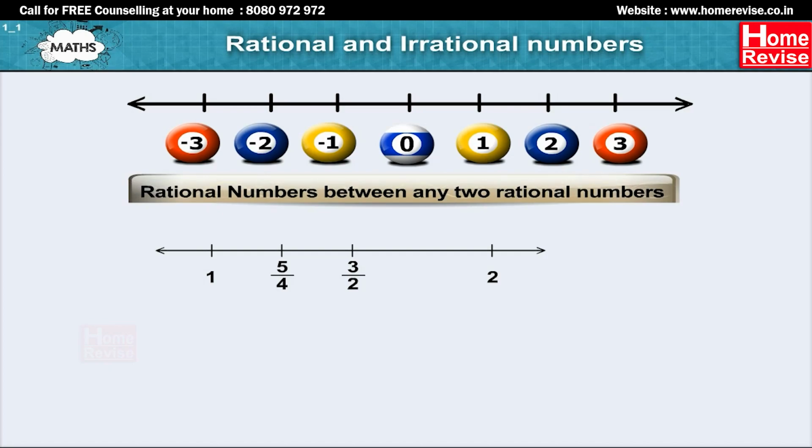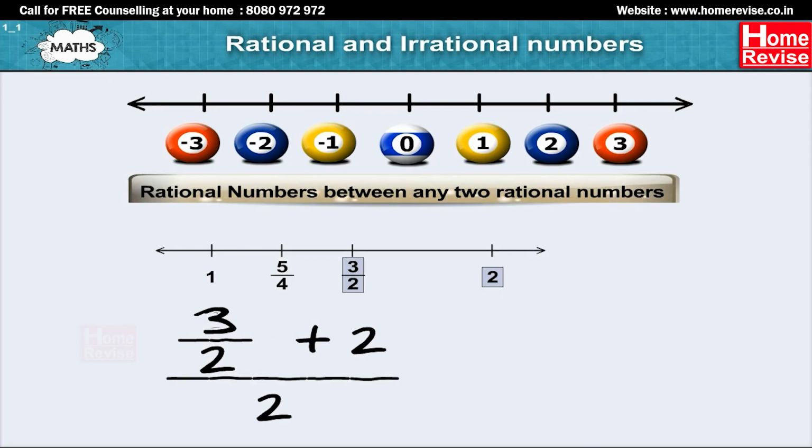Let's do this exercise again. Now we will find a rational number between 3 upon 2 and 2. So, let's add 3 upon 2 with 2 and divide it by 2. We get 7 upon 4.